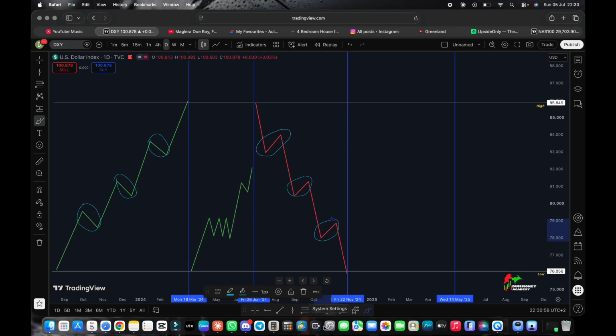Typically these pullbacks will look like this down movement, and then we're going to have sideways price action, right? It's the same thing as this, but inverse, on this side.